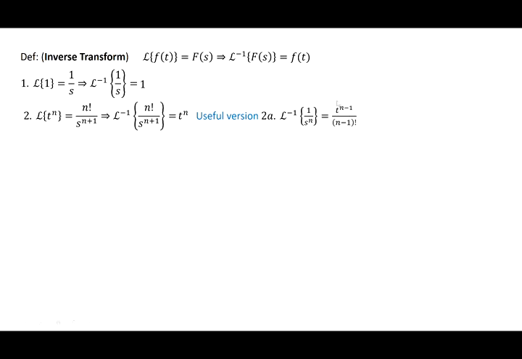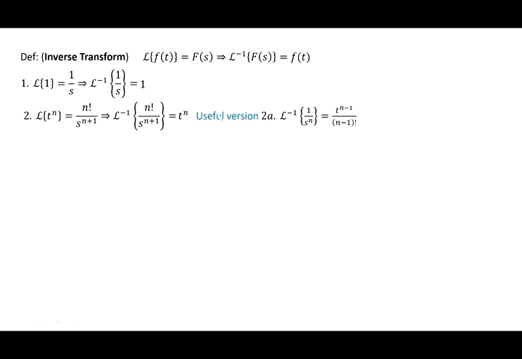Take the Laplace of the right-hand side and tell me whether or not you would get 1 over s to the n. Clearly, 1 over n minus 1 factorial is a constant multiple times Laplace of t to the n minus 1. Laplace of t to the n minus 1 is n minus 1 factorial over s to the n minus 1 plus 1.